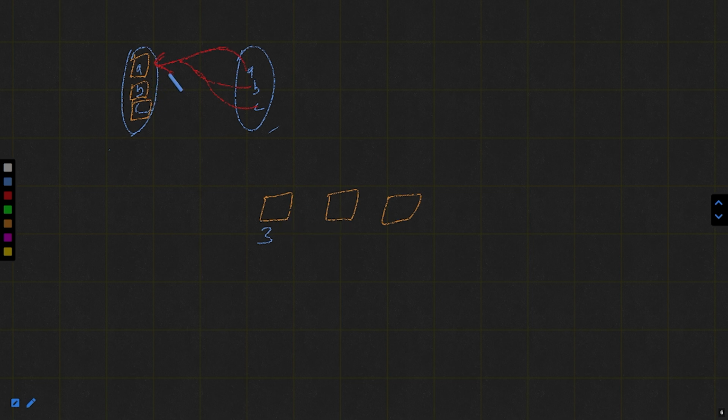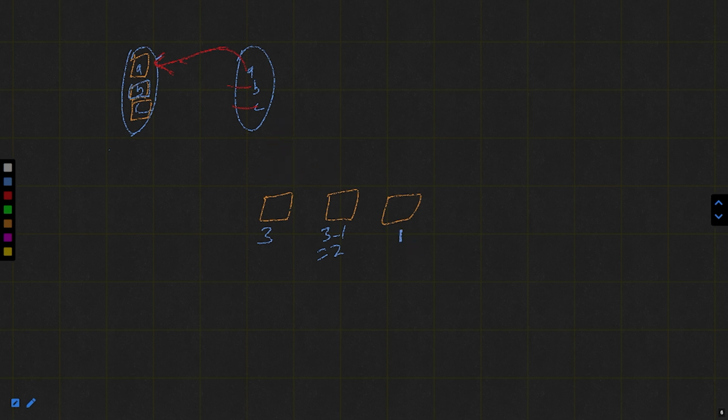For the second box, if one element is related to the first box, I cannot use that element again, so one is now used. For the second box, how many elements can I use? 3 minus 1, which is 2. And for the last box, only one element, because I have used one over here and one over here, and in total I have 3 elements.